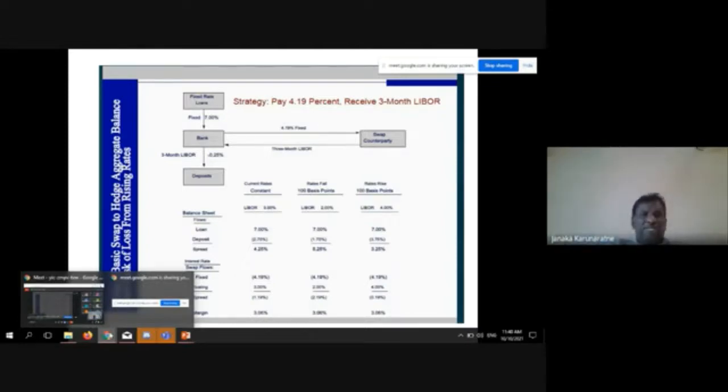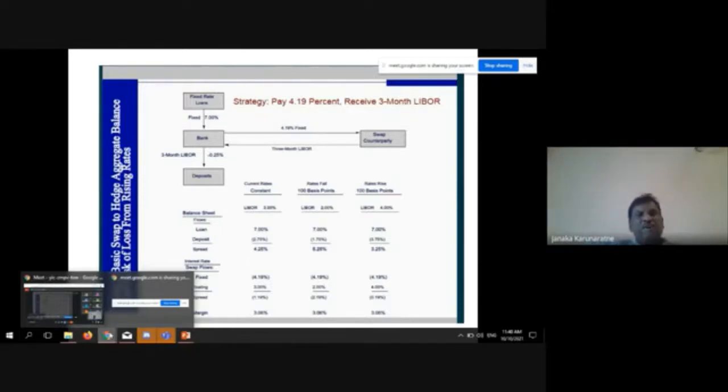So the LIBOR rate goes up. Then what happens? Your spread will come down, because you get a fixed rate of 7% and you have to pay LIBOR minus 0.25 to the depositor.